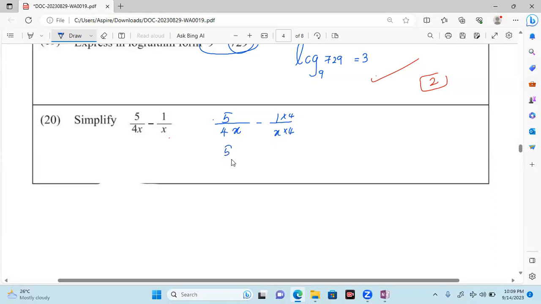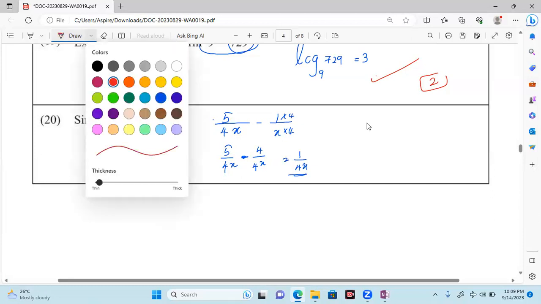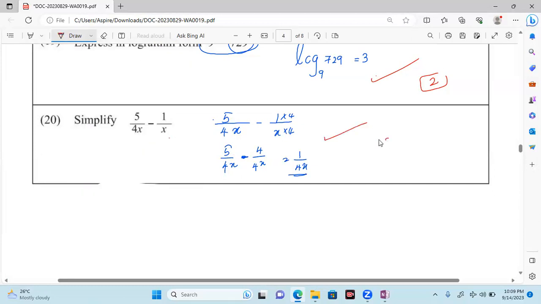Then it is 5 over 4x subtract 4 over 4x. The answer is 1 upon 4x. It's 2 marks.